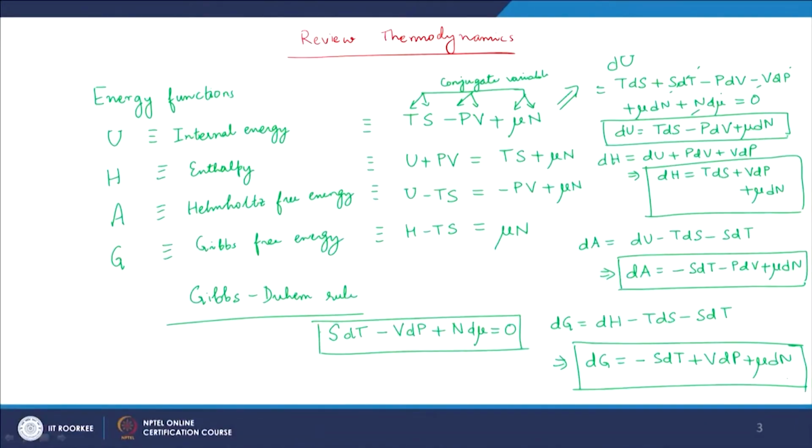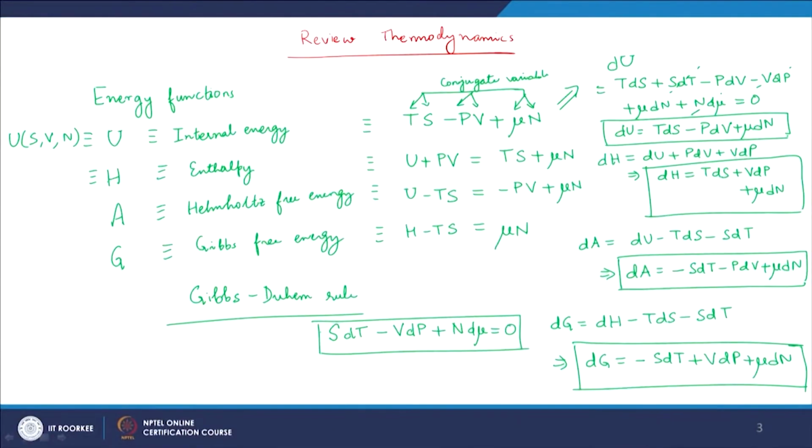The other way to say that is, what I am saying here is U is a function of S, V, n, because I will write T as a function of S, P as a function of V, mu as a function of n. Okay, because ultimately when we integrate using S, V, n, that is appearing inside the derivative d.